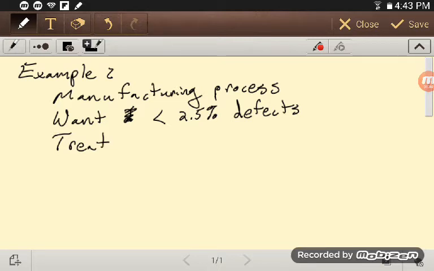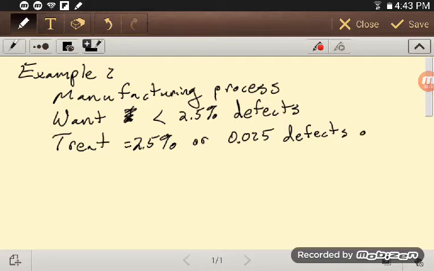Okay, so we're going to treat that as a claim. And in this case what we're going to say is exactly 2.5% or 0.025 defects as the claim.